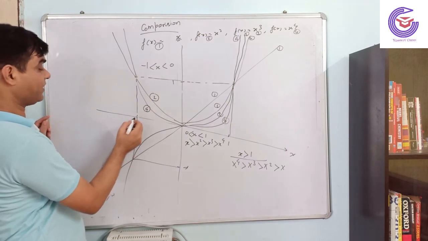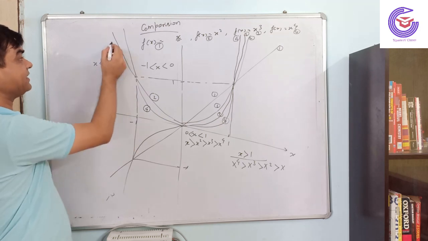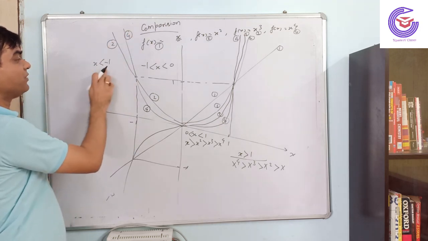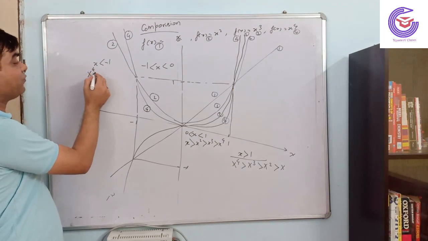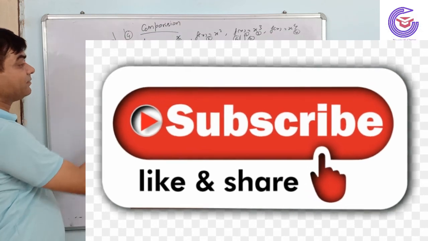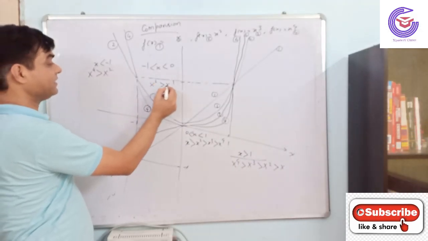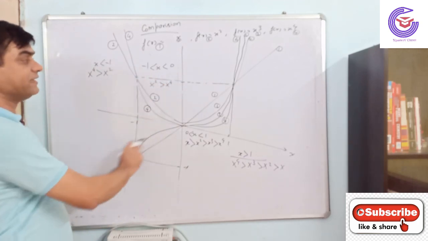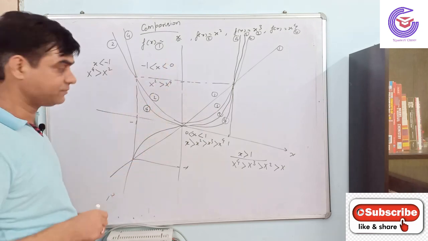But when x is less than -1, in that case this graph is 2 and this is 4. So when x is less than -1, x to the power 4 is greater than x square. But between -1 and 0, it is just reverse: x square is greater than x to the power 4. In a similar manner, you can draw the condition here as well. So this comparison you have to understand very well.